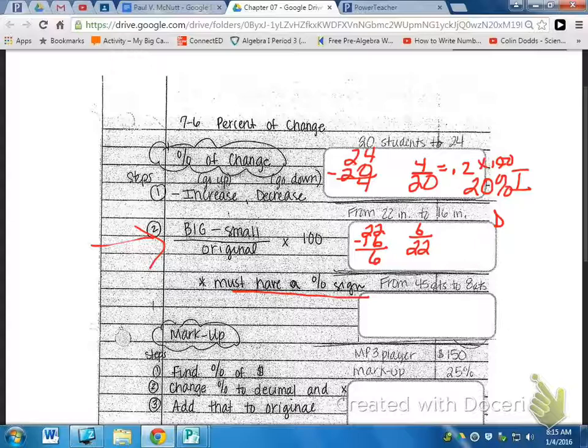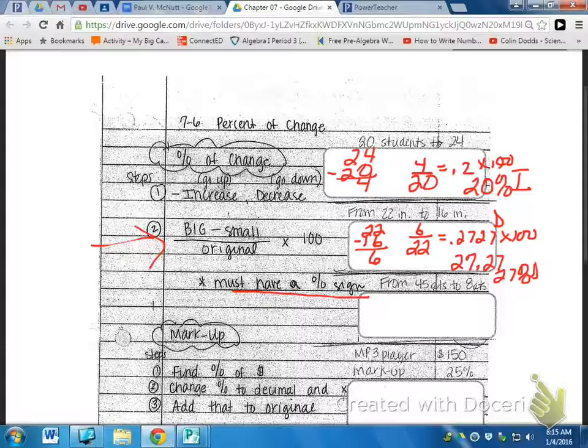I'm going to take 6 divided by 22 using a calculator, and it tells me 0.2727, okay, and it keeps going. And if I take that times 100, that's going to give me 27.27, but I want to round it to the nearest whole percent. So if we round it to the nearest whole number, what percentage would that be? 27. Yeah. So we'd say 27% decrease.